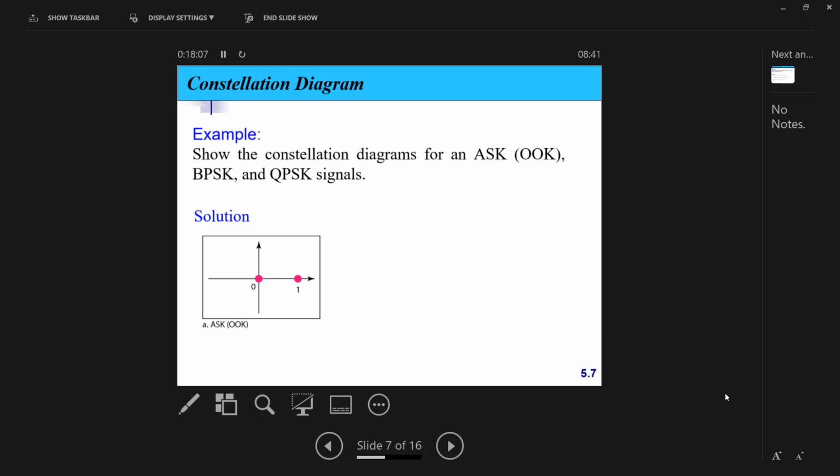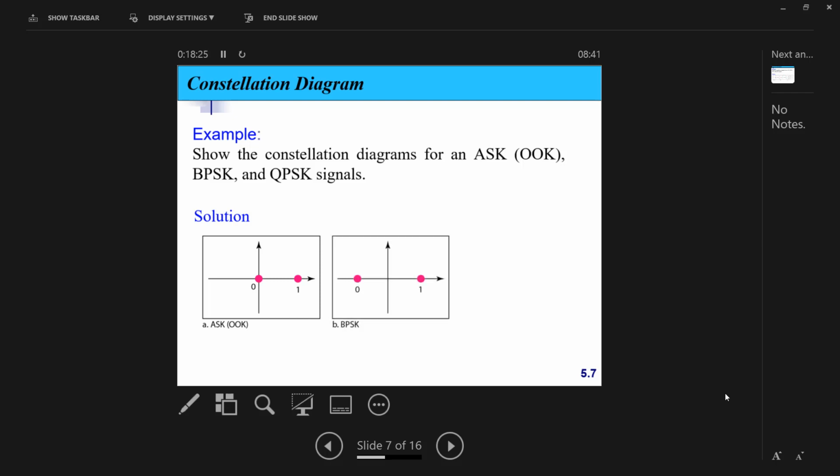Okay. So in amplitude shift keying we have two binary amplitude levels, so we have 2 points, one with amplitude 0 and one with amplitude 1, both of them on the positive x-axis and in phase 0.